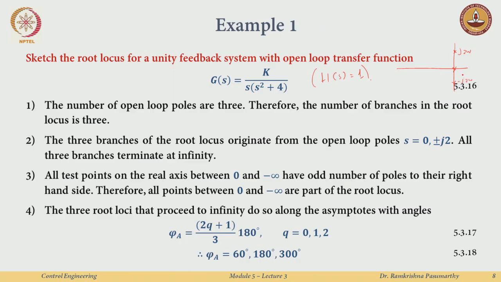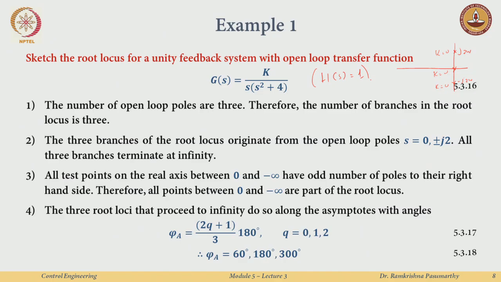When k equals 0, I am just at the poles. The root locus satisfies the property that it is symmetric about the real axis, and all branches go to infinity because there are no zeros.